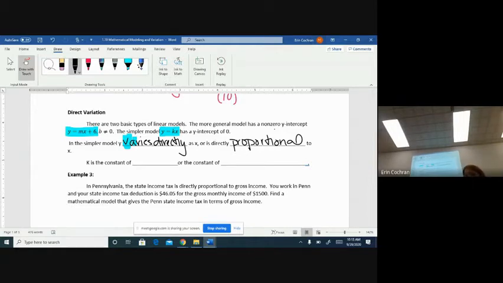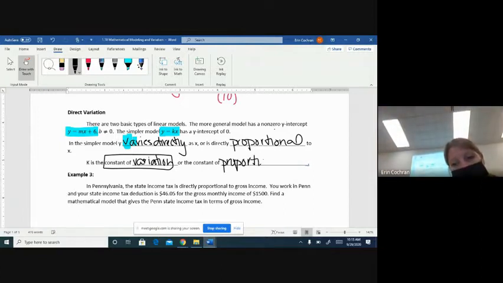Okay, so either way, it's the same thing. The k, okay, is the constant of variation, which is also like our slope, okay, but k is known as that constant of variation, or the constant of proportionality. Okay, so same idea in that sense, okay?